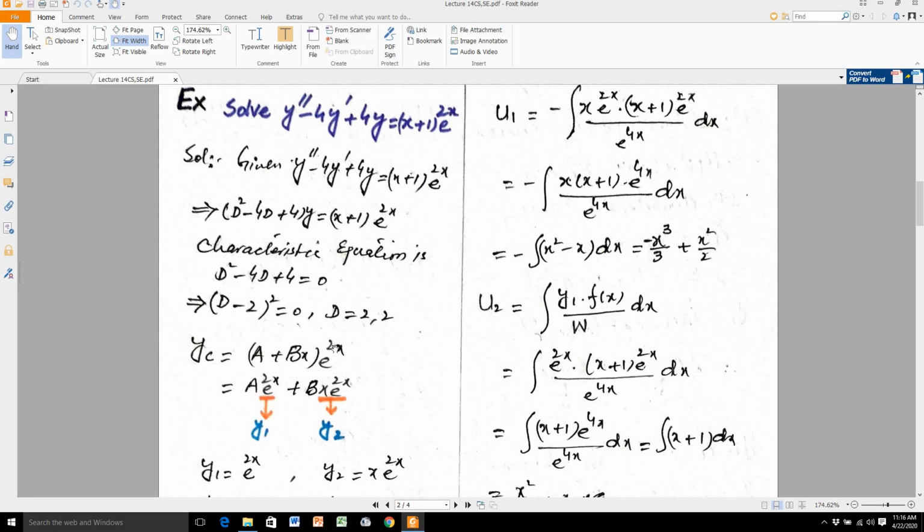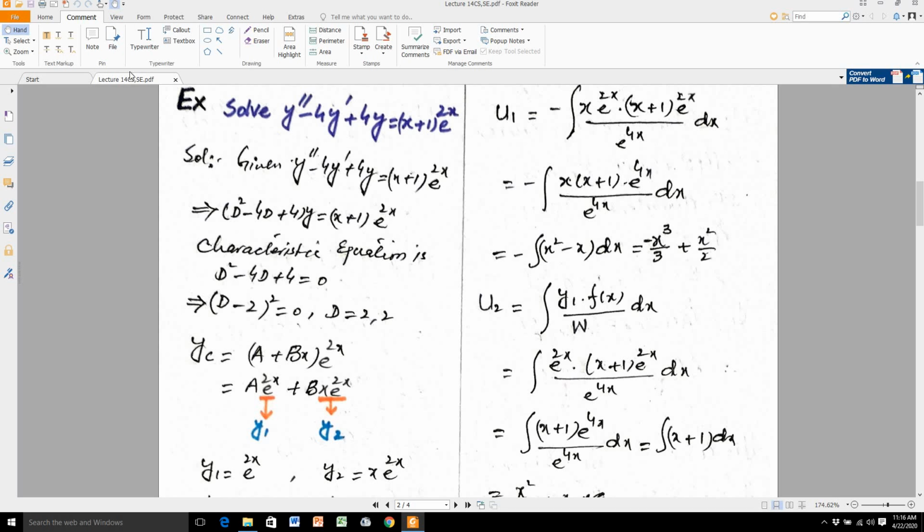You may also write it as ax plus b, then you write e raised to the power 2x.